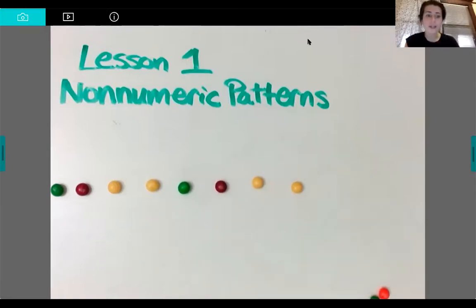Okay, so here we go. We're building a pattern. These Skittles follow a rule. And if I asked you, hey, Darian, hey, Mia, hey, Alana, what is the rule here? You would tell me, oh, Miss P, the rule is green, red, yellow, yellow, and repeat. Excellent.